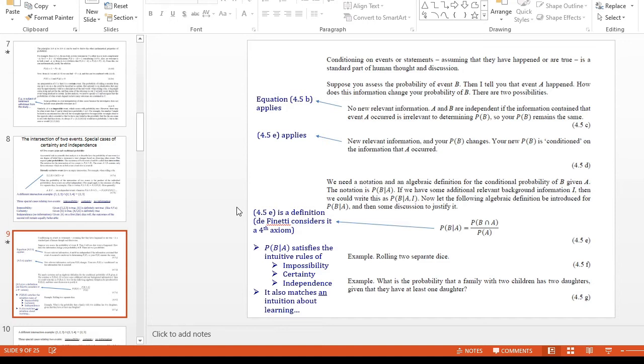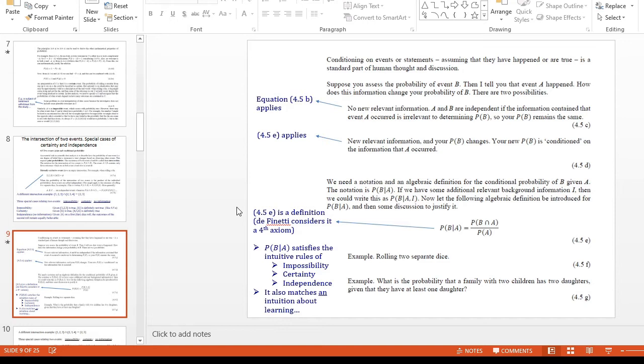On the other hand, if there is new relevant information, then your probability of B changes, and you say that your new probability of B is conditioned on the information that event A occurred. We need an equation for this, which is 4.5e, and we need to describe the definition of this. It's worth saying, equation 4.5e describes conditional probability.